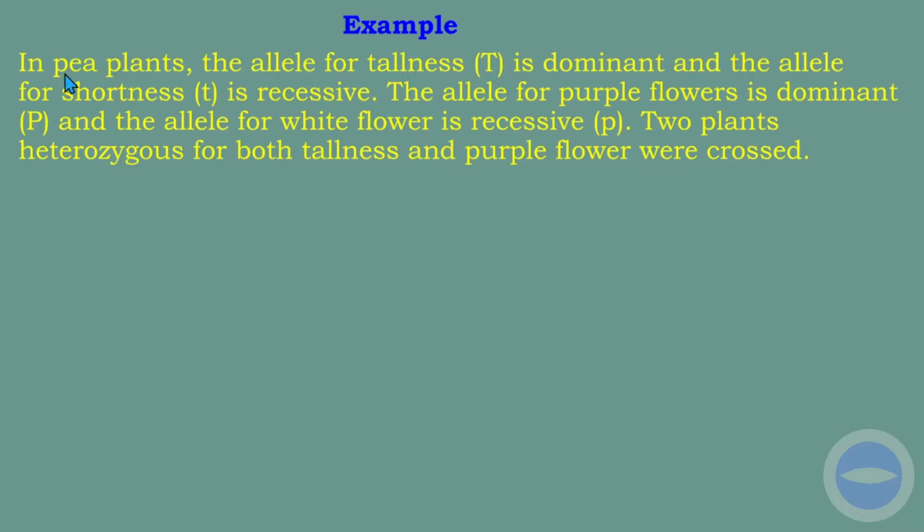In a pea plant, the allele for tallness T is dominant and the allele for shortness t is recessive. The allele for purple flower is dominant and the allele for white flower is recessive. Two plants heterozygous for both tallness and purple flower were crossed. So here is the information.